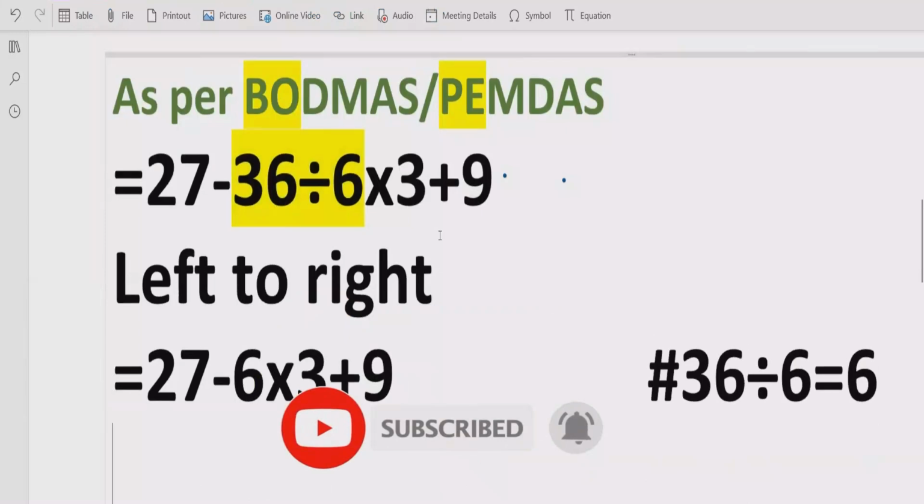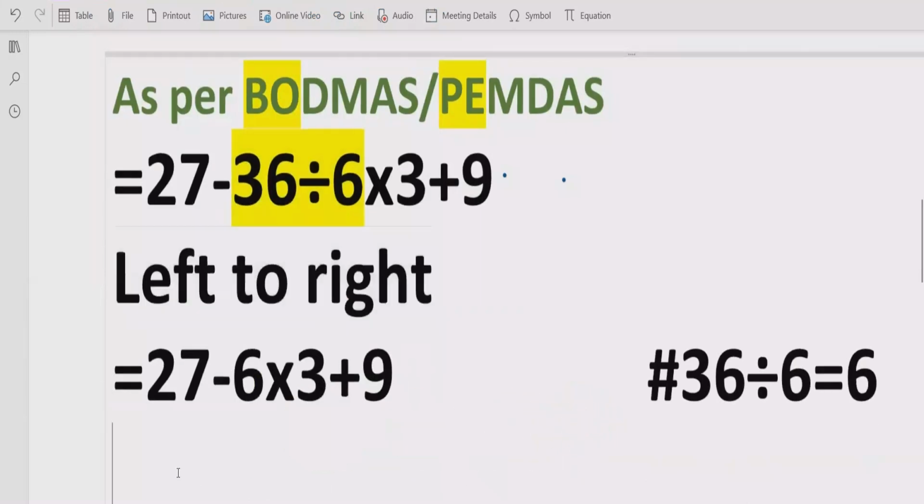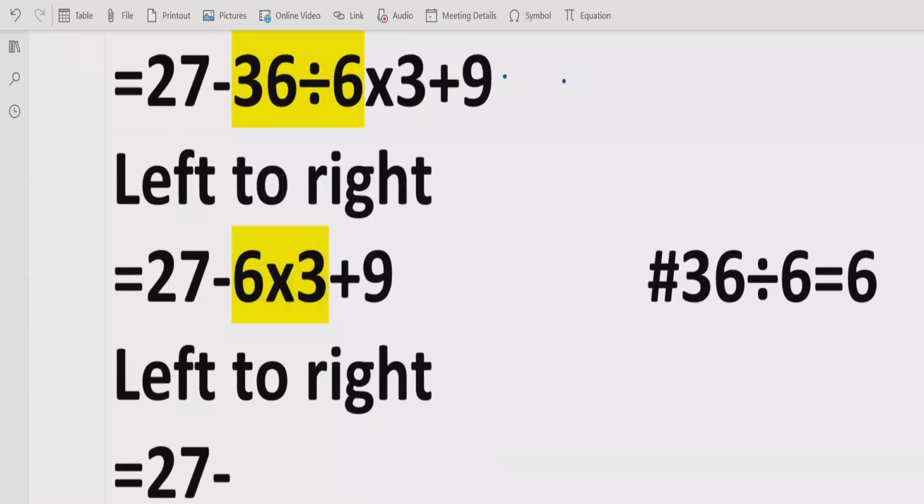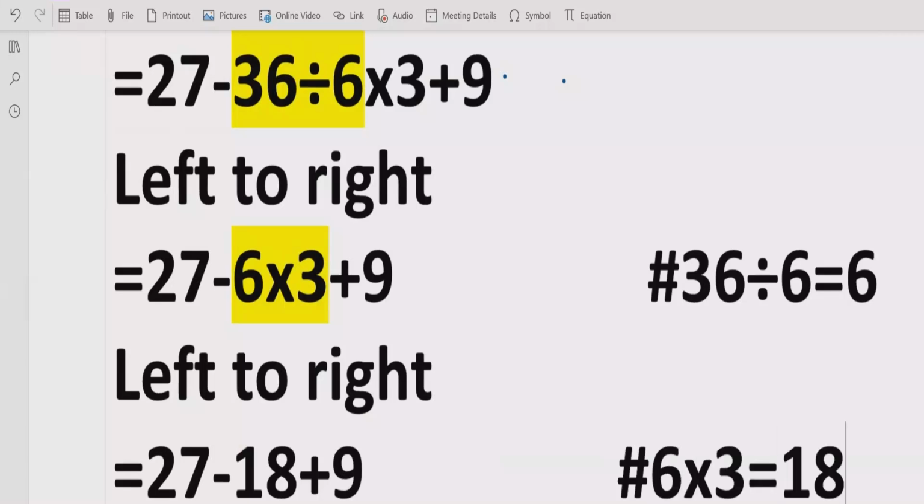Now move forward, again left to right, and we have multiplication here. So this one we will solve now. 27 minus 6 multiplied by 3, which is 18, and plus 9 we will write as it is. And here we will give the reference: 6 multiplied by 3 equals 18.